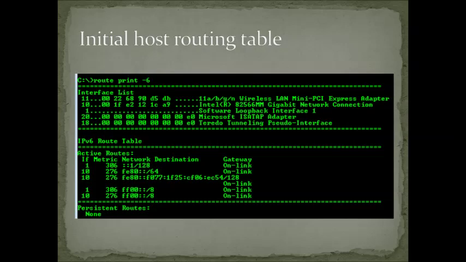Now this is a look at a host routing table. Host routing tables exist in IPv4. Hosts use the host routing table to figure out how they're going to forward traffic from their own network interface or interfaces. We can see here in the host routing table that I have in fact turned off all IPv4. There's no IPv4 here at all.